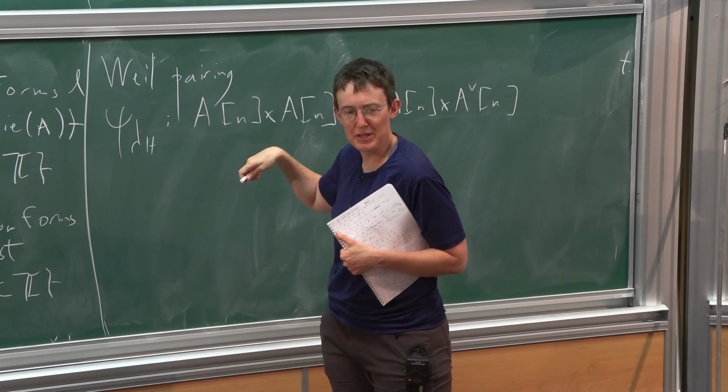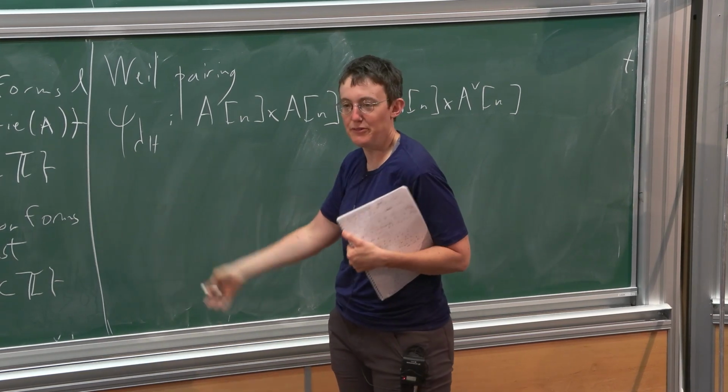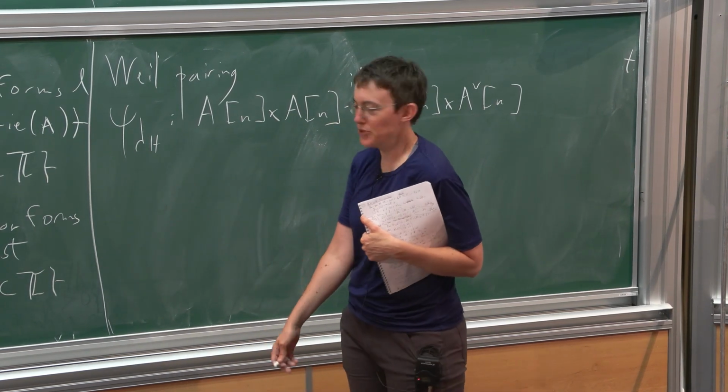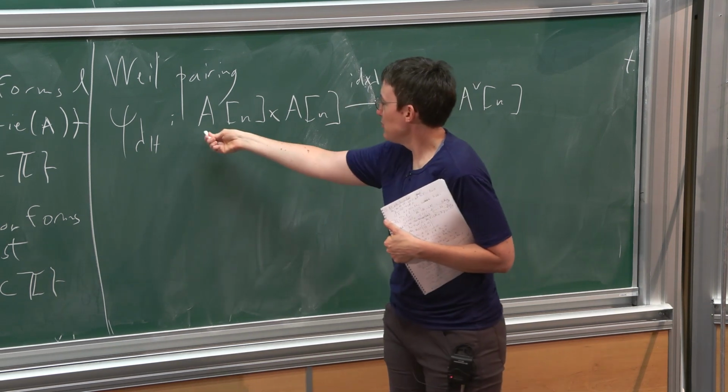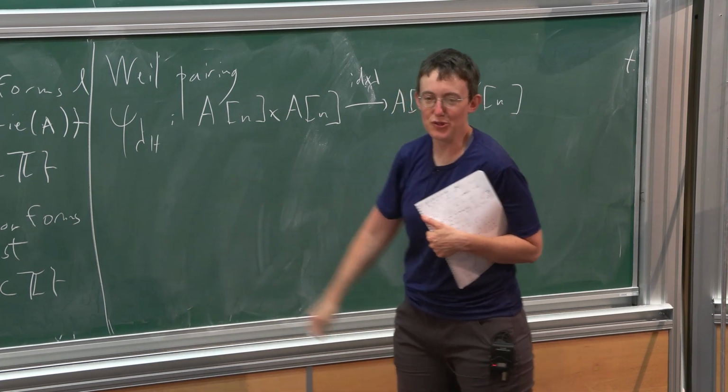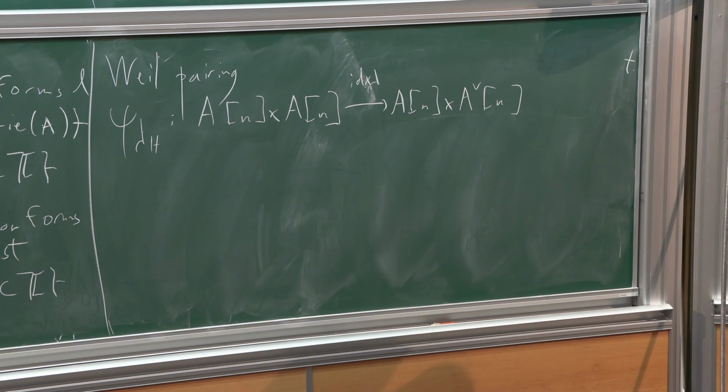Here the Abelian varieties are over C, so I'm just identifying them with their C points. In general, that would be the subscheme of n torsion in A, if A is an Abelian scheme.